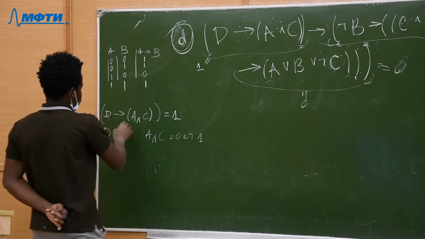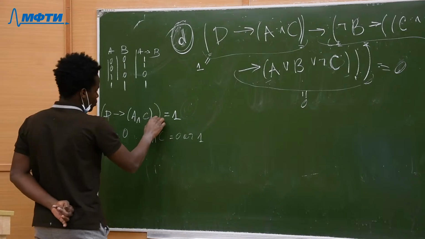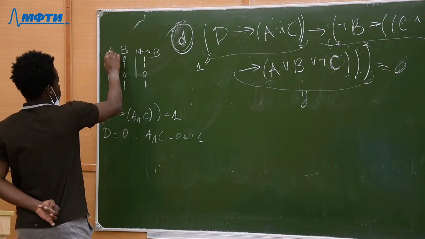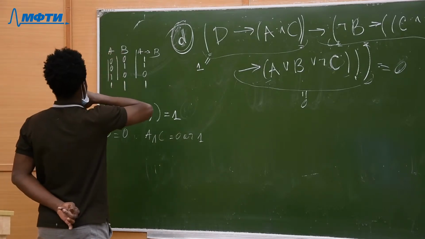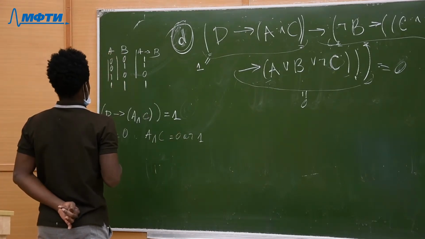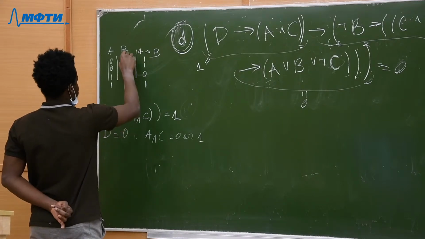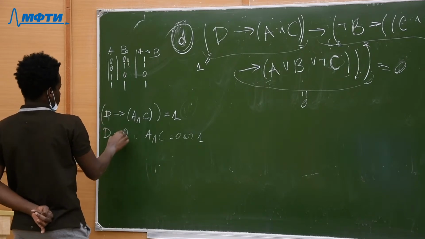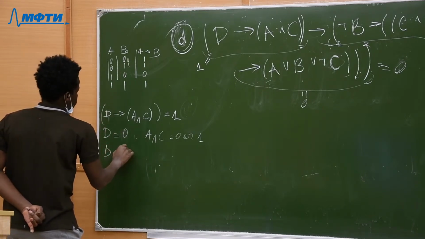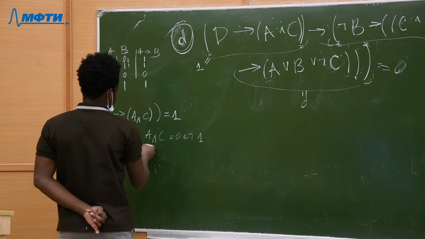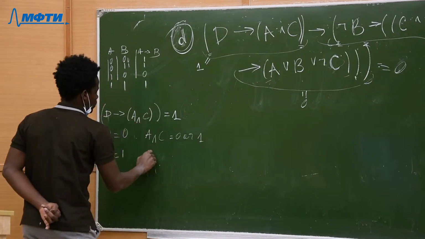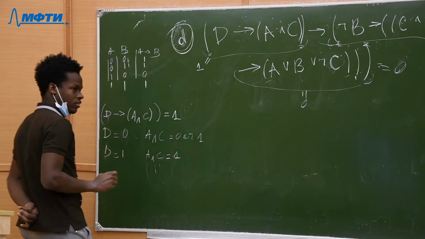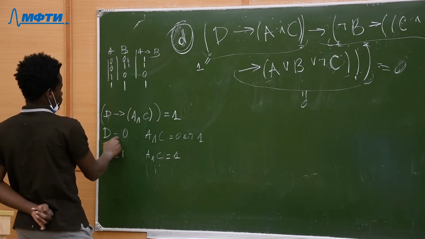So this one can be 2, is only 2 when A is 0 and B is 0 or 1, and when B is 1 and this one is 1. That's the conditions for that.